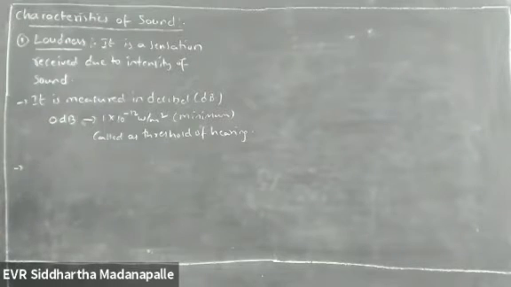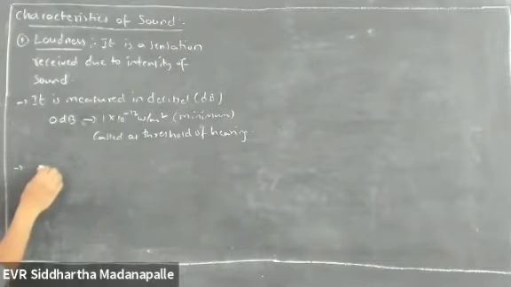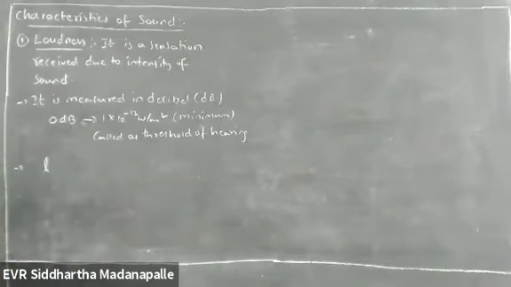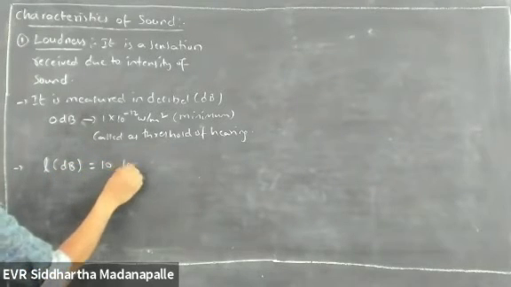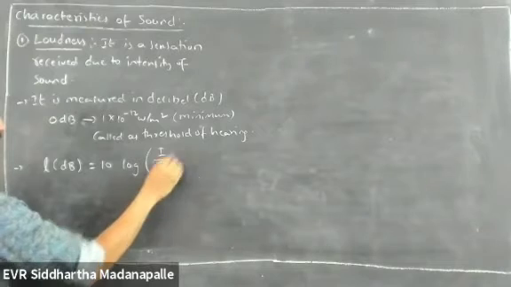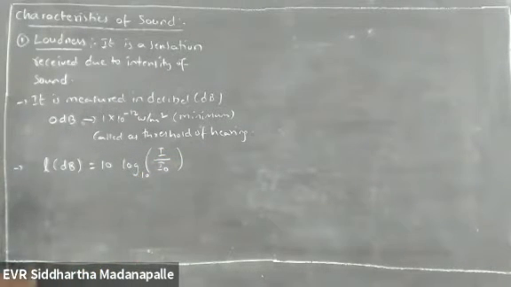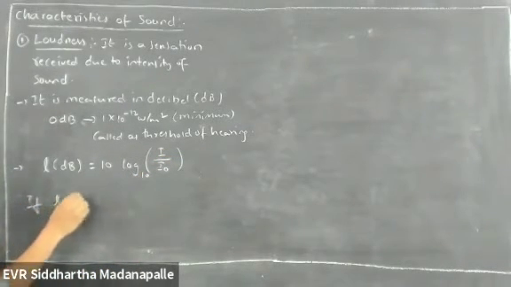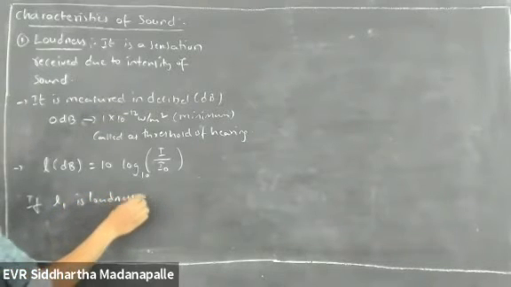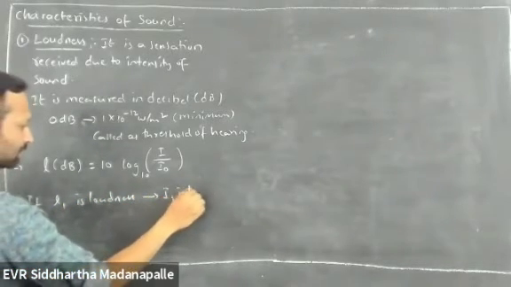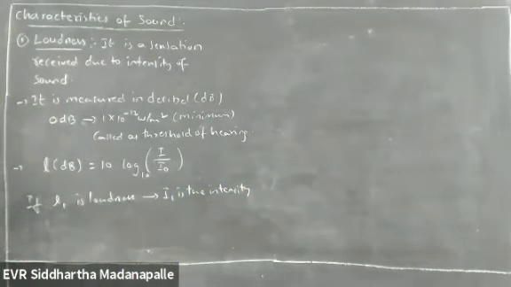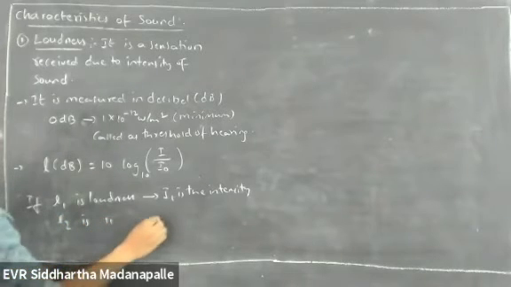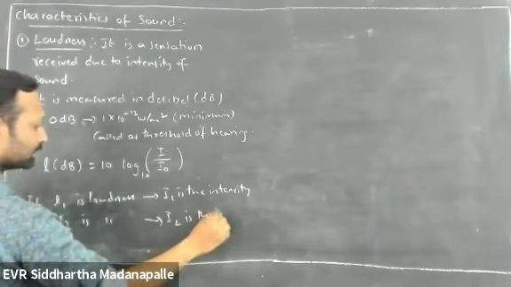And then how is loudness measured? To calculate the loudness, we have a formula: loudness in decibel is equal to 10 into log of I by I naught, base 10. Suppose L1 is loudness and I1 is the corresponding intensity of sound, and L2 is the loudness and I2 is the corresponding intensity.